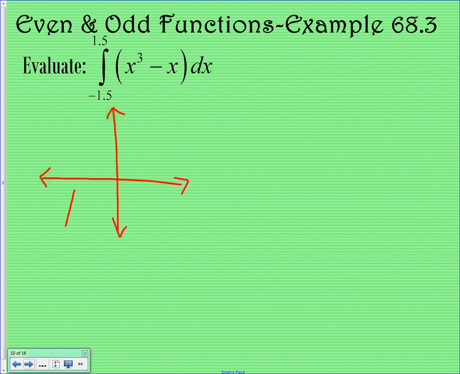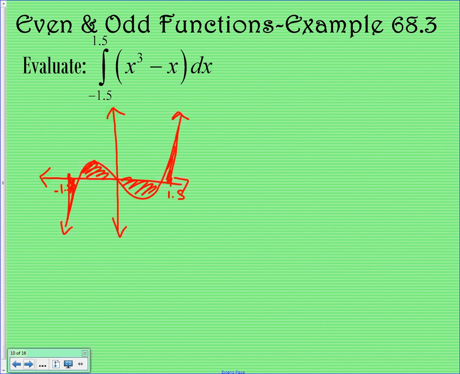If you graph it, it's going to look something like this. I know it's symmetric about the origin because it's an odd function. And I'm going to put negative 1.5 here and 1.5 here. And so if we're looking for the integration, we're really looking for the area. And so we're looking for all of these little pieces here.